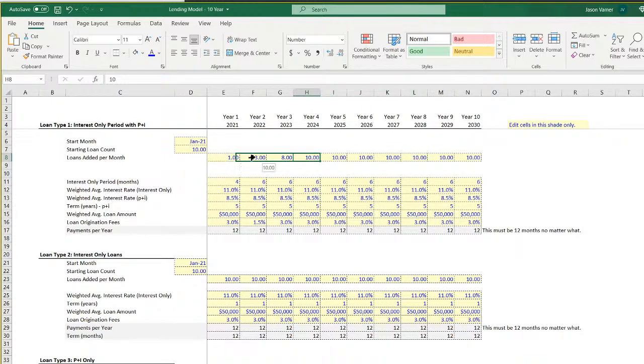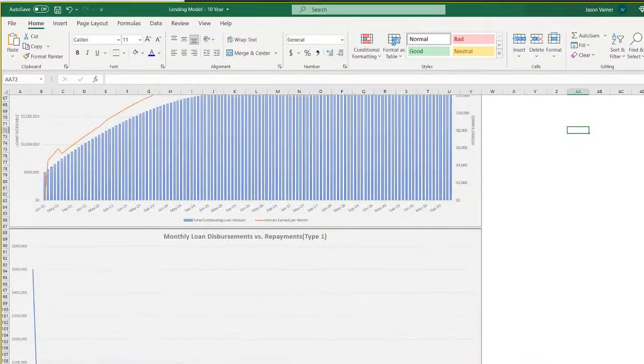Now, if we put these all at, let's say, 1, you can go to the visuals. Now, okay, so you can see now the principal repaid actually surpasses the lent amount a little bit, and then it kind of stabilizes.